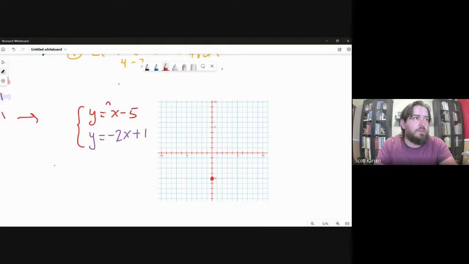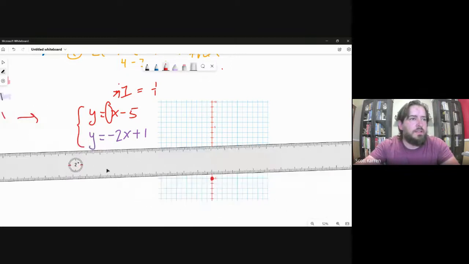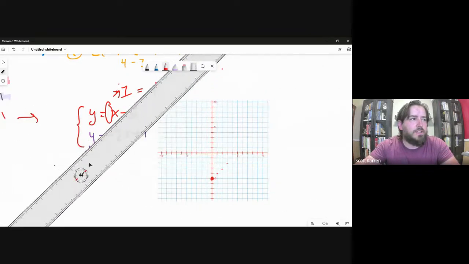If there's not a number in front of the x, that's a 1, and that 1 is the same as 1 over 1. So you go up 1 over 1, there's another point, up 1 over 1, there's a point, and so on. And so we've got that as our first line.